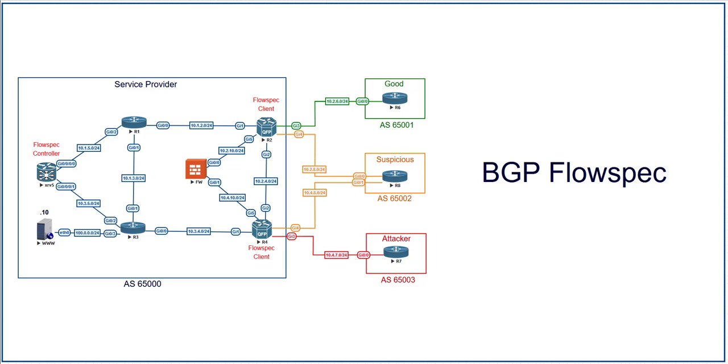Also, now we can understand that BGP Flowspec supports client-server architecture, and the router acting as a server, the controller, injects the Flowspec NLRI entries, and the router acting as a client, here the Flowspec client, receives the NLRI from the controller and programs the hardware according to the instructions defined in the Flowspec NLRI entry.